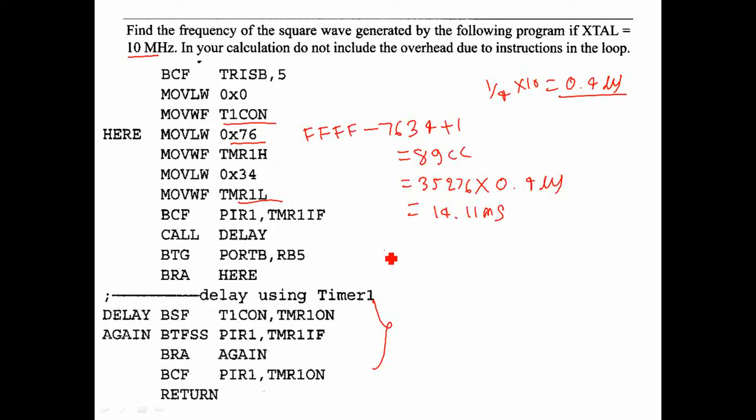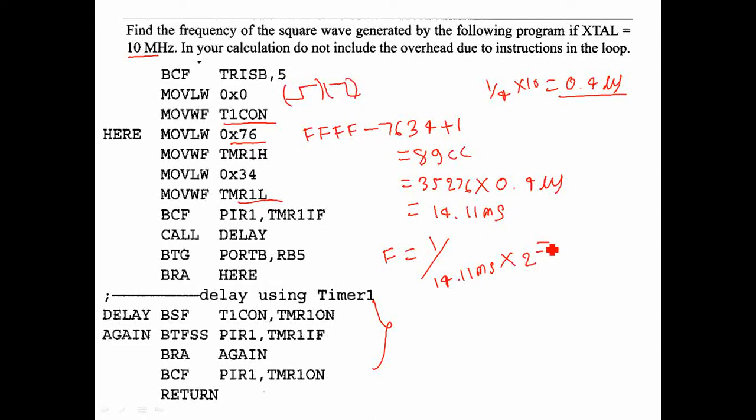But we want to calculate the frequency. The frequency is just the inverse of this, that is 1 divided by 14.11 milliseconds. Since this 14.11 milliseconds is either for the negative edge or for the positive edge, that is half of the cycle, we have to multiply this by 2.